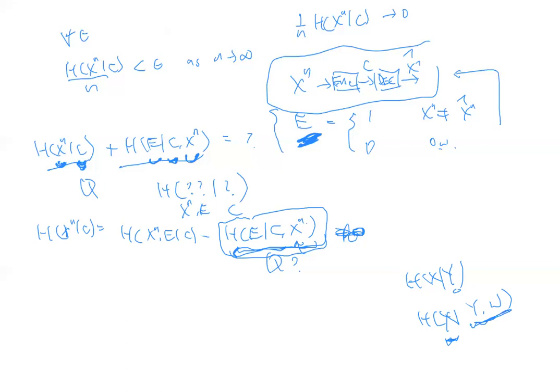Now, in this case, given C and xn, I know precisely what E is. Then, of course, there's no remaining information that needs to be stored to recover E, right? So this will simply be equal to 0.